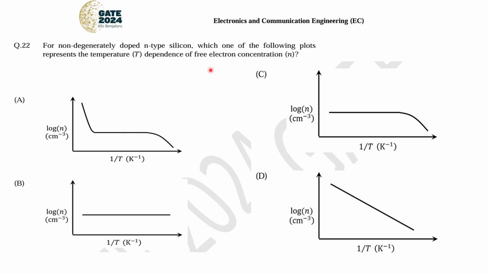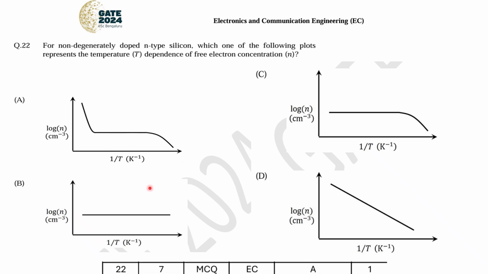Now they are asking about the dependence of the free electron concentration. So definitely free electron concentration will increase if you dope phosphorus into your pure silicon. So the question is asking for the dependency on temperature, right?